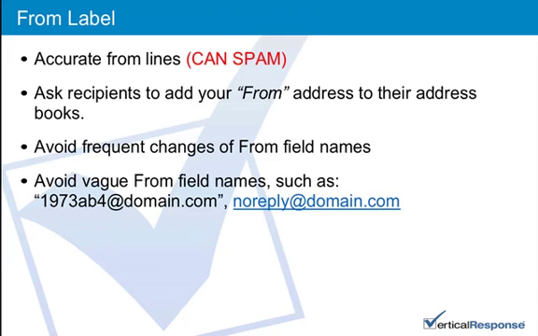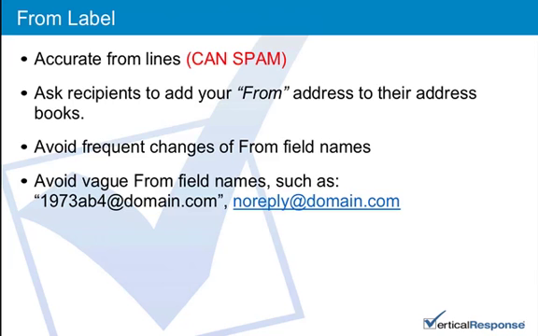I actually have some information on our help site on how people can add addresses to the whitelist of their email program. Some email programs, you actually have to click on a link or a button that says, this is a safe sender. Putting it in the address book isn't the only thing that you have to do. But for the most part, doing that will help get the email into an inbox.